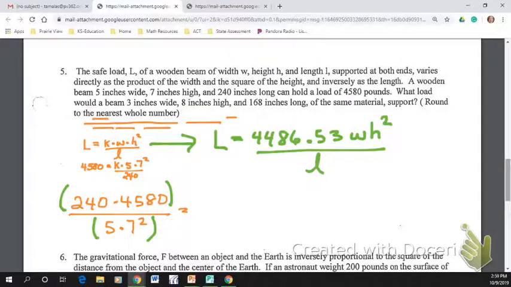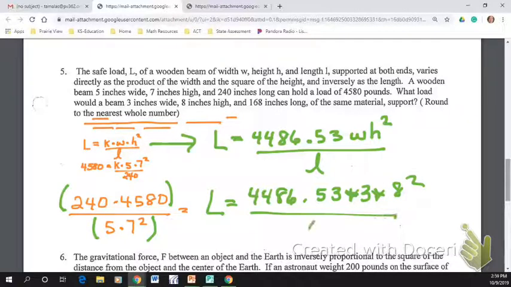So my load is going to be 4486.53 times 3 times 8 squared, all divided by 168.